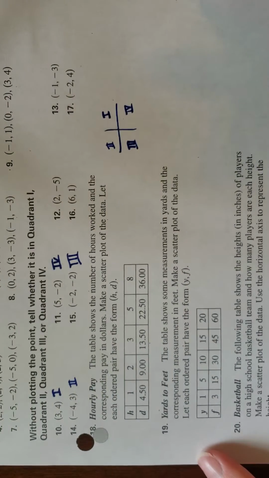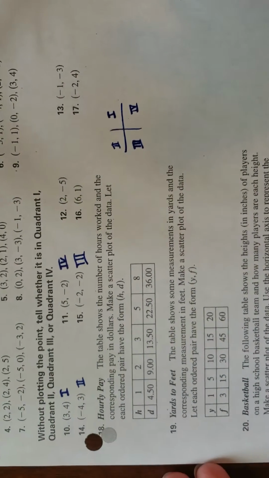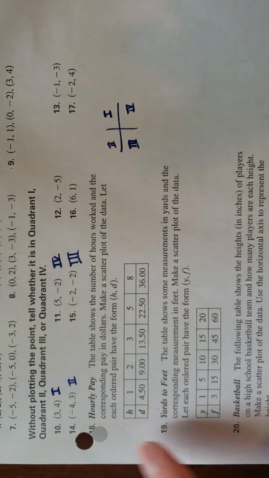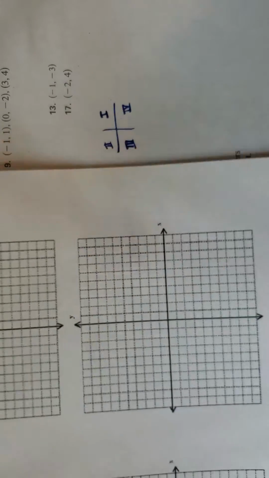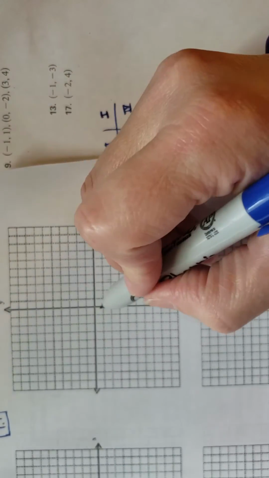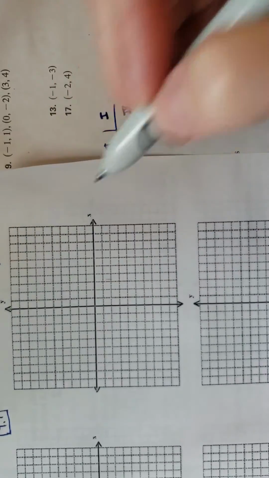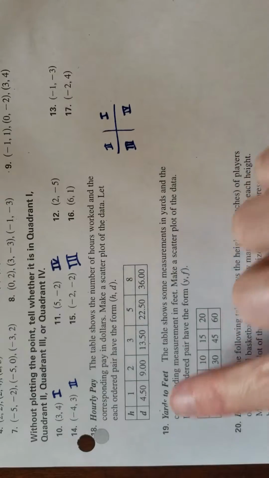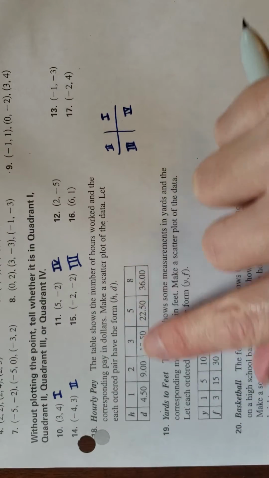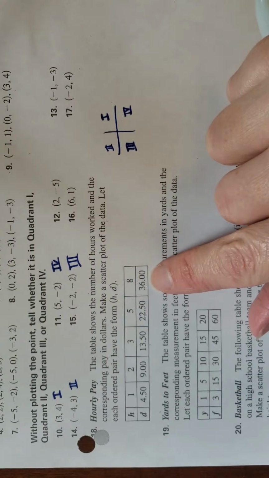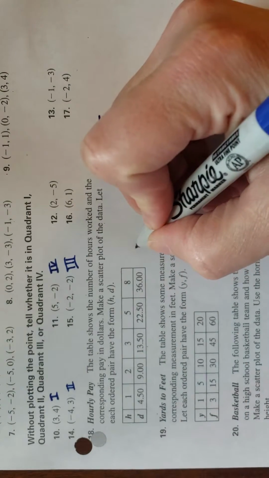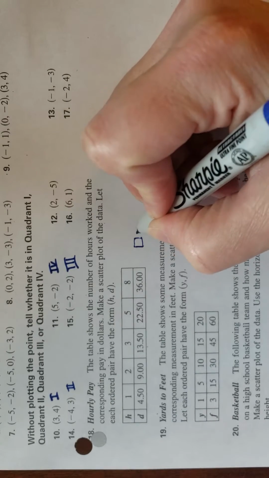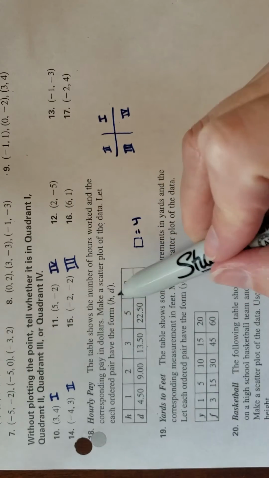Okay, then I've also assigned to you 18 and 19. Please notice on your coordinate planes that there are only 10 boxes by 10 boxes for each quadrant, but on your worksheet this goes up to 8, which is fine, but this goes up to 36. So I recommend that on this axis you count by 4. This is a little confusing.